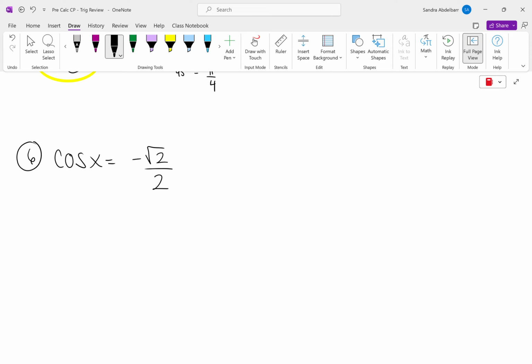So it'd be 4 pi over 4, plus pi over 4, which gives us 5 pi over 4. That's one answer. You're always going to have 2 answers because you have an answer for when it's in this one and an answer for when it's in this one.